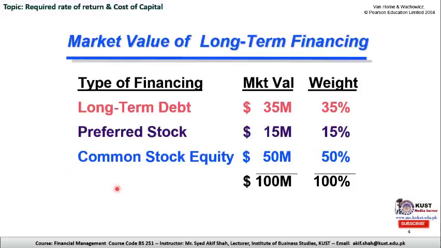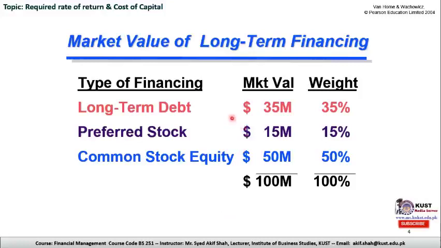Our company assumes these values, and this is a hypothetical example to explain the market value and different weights which could probably be used by a company in an organization.